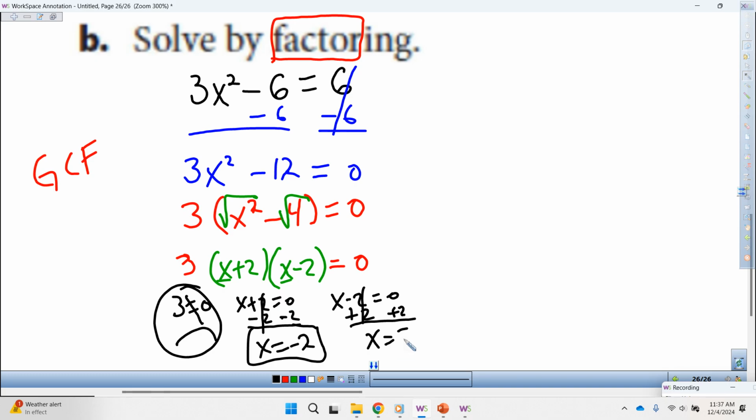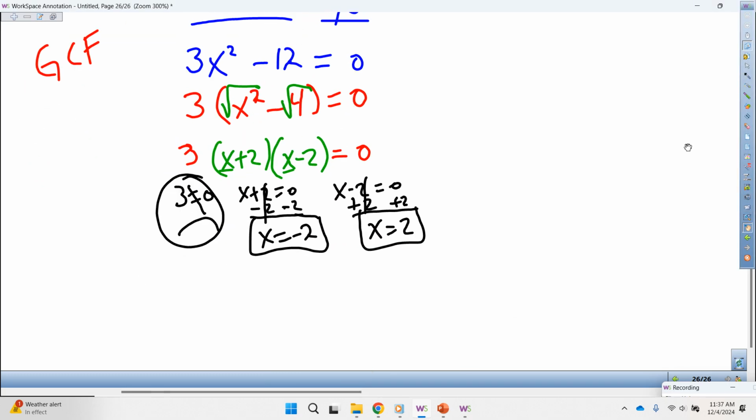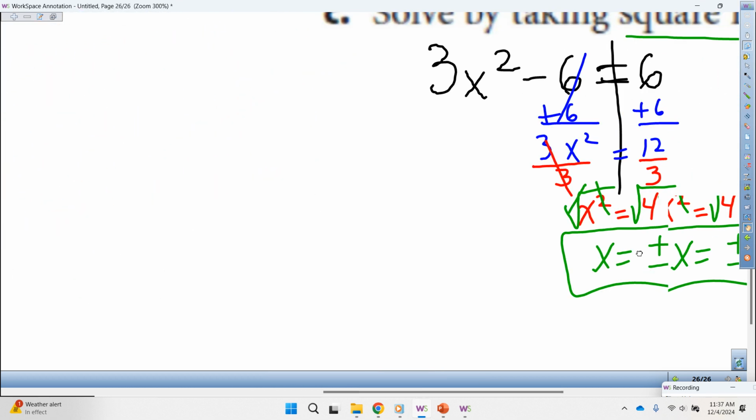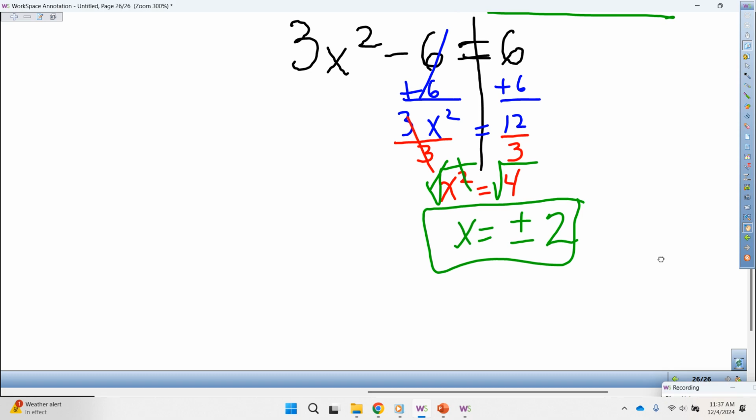X equals 2. All right? So our solutions here are these two. And what were the solutions that we got for the square root method? Plus and minus 2. That is correct. Same answer.